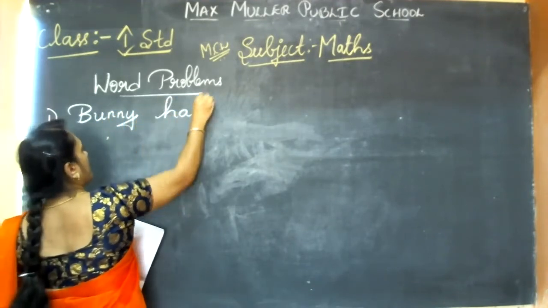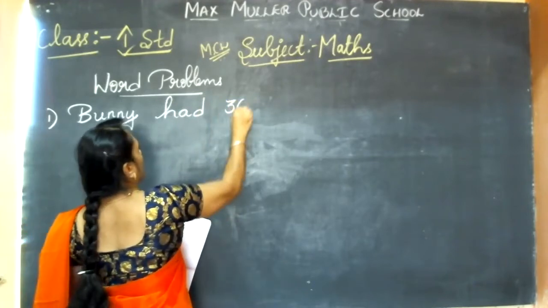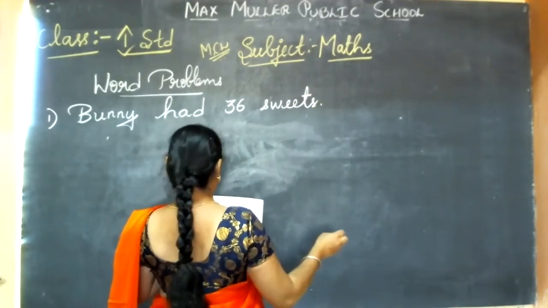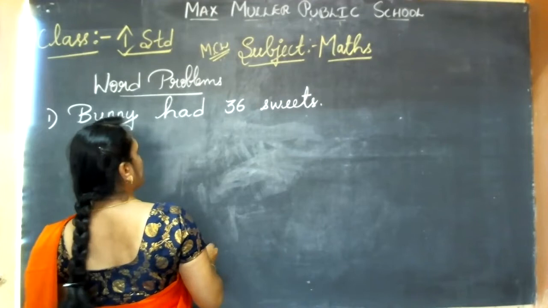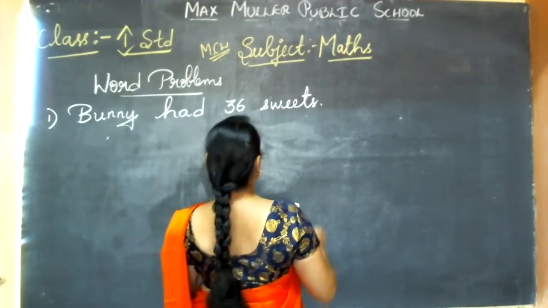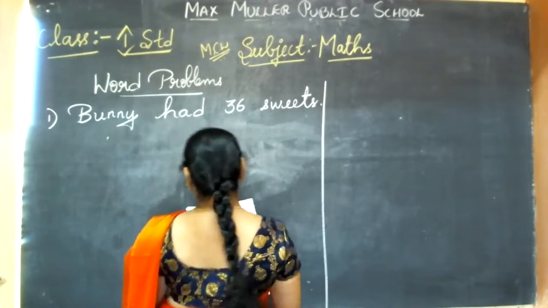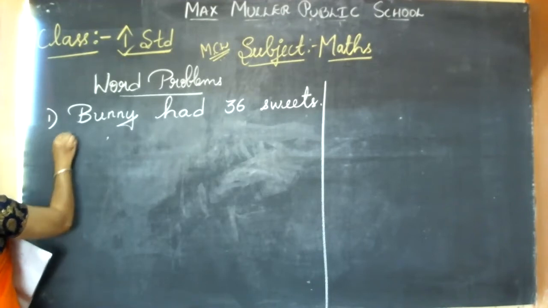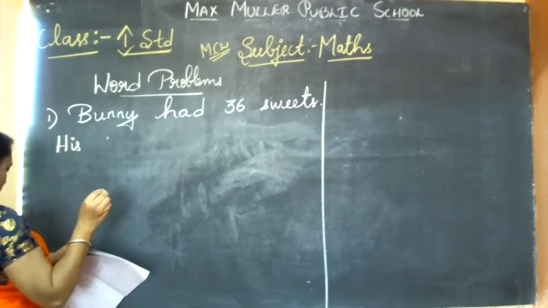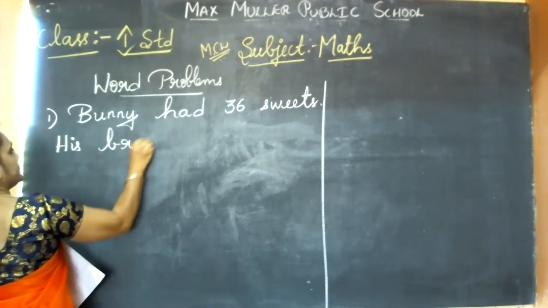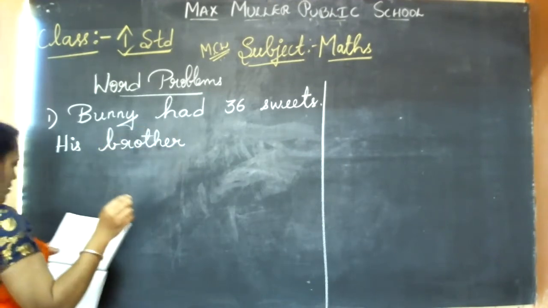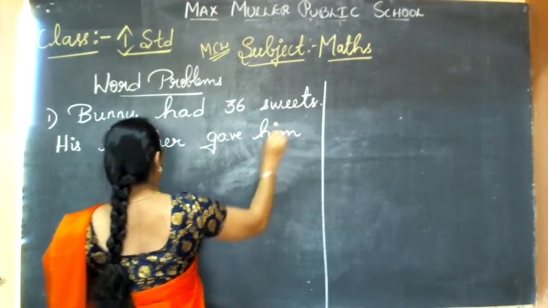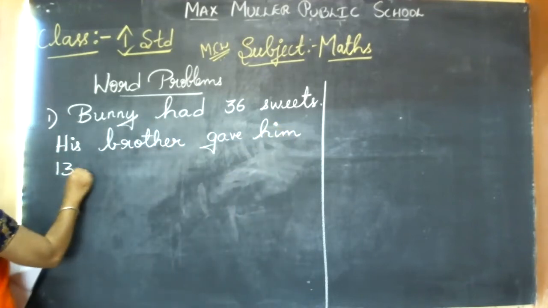Bunny had 36 sweets. His brother gave him 13 sweets.